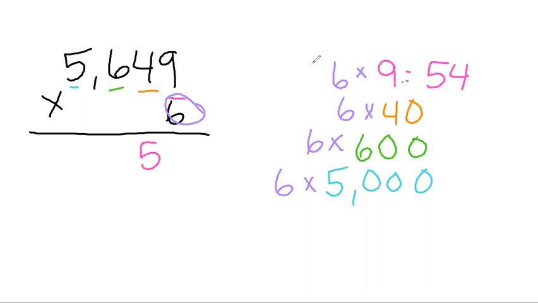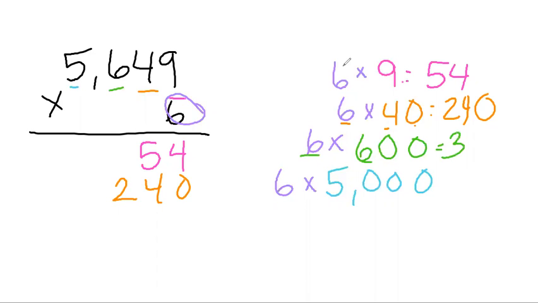I'm going to go ahead and write these down here as I get my products. Sorry. 6 times 4 is 24, and add my 0, 240 for my tens. I'm going to go to my hundreds. 6 times 6 equals 36.